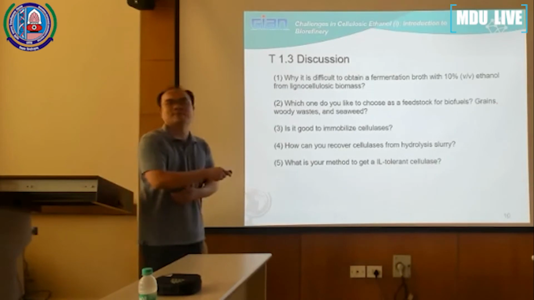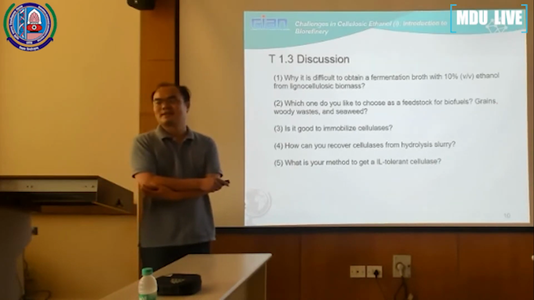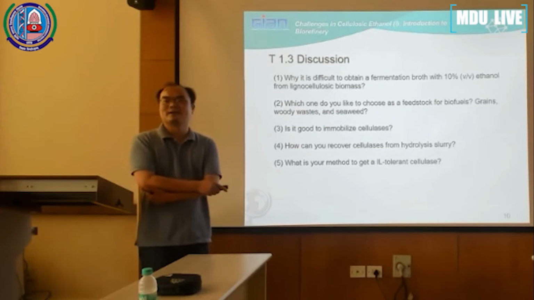Many researchers give agitation. Yes, but diffusional restrictions would be there, so the enzyme might not come in contact with the substrate in a better way. I think free enzyme would act better.